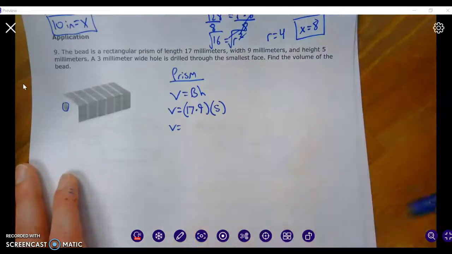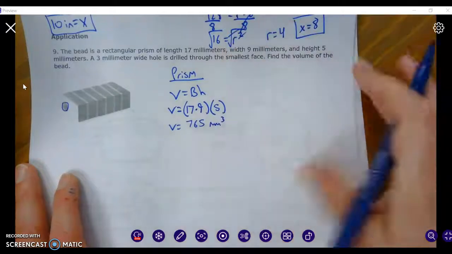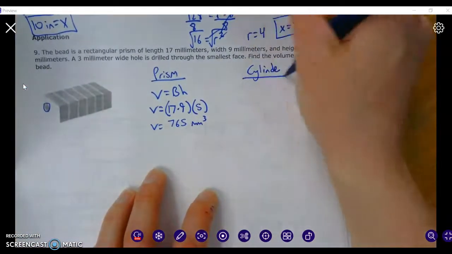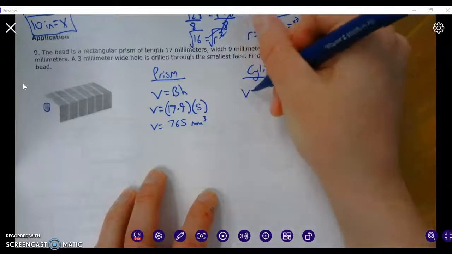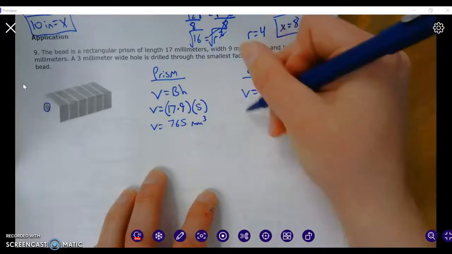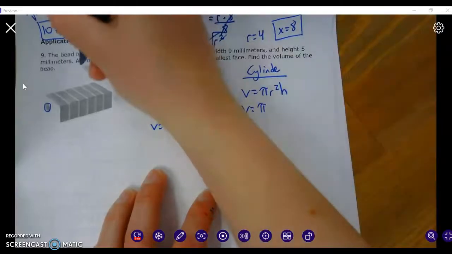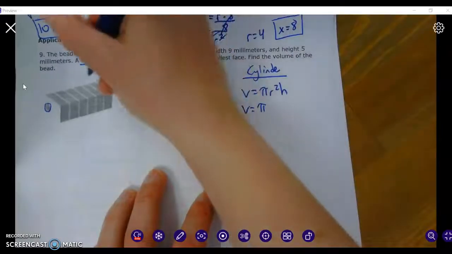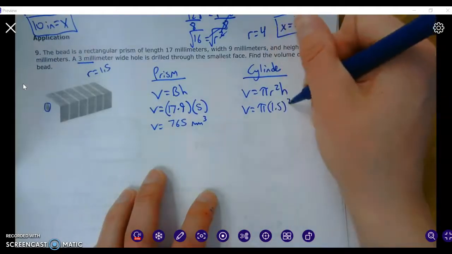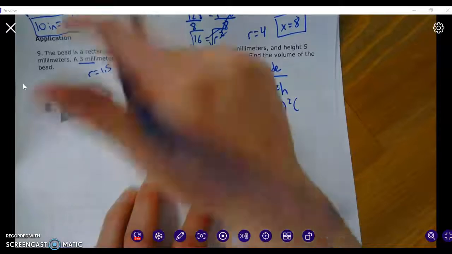So the volume would be 765 millimeters cubed. And then the cylinder is pi r squared times height. This 3 millimeters is the diameter, so the radius would be 1.5. And the height would be the same from the prism since it goes all the way through.